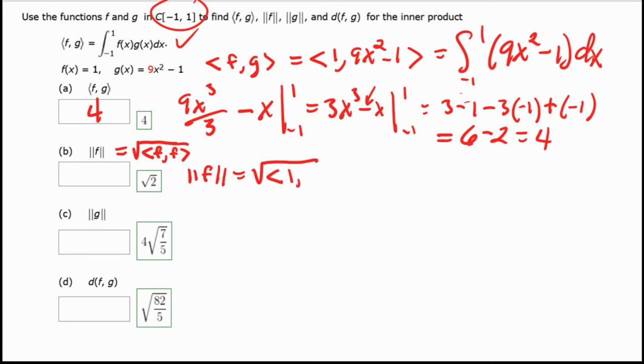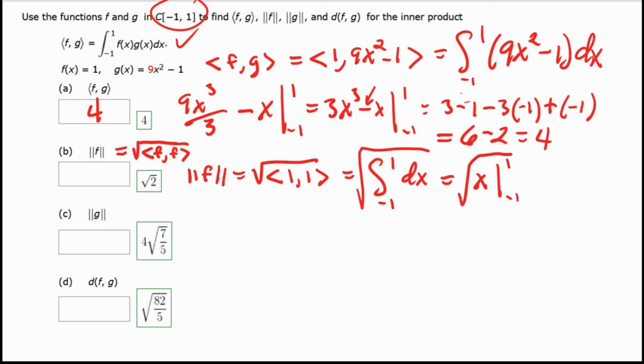Now f is 1, so this is 1 and 1. So this becomes the integral from negative 1 to 1 of 1 times 1, which is just 1, times dx. It's the square root of that. So we integrate 1, we just get x, evaluated from negative 1 to 1, and it's the square root of that. So this is the square root of 1 minus the negative 1, and that gives us the square root of 2.